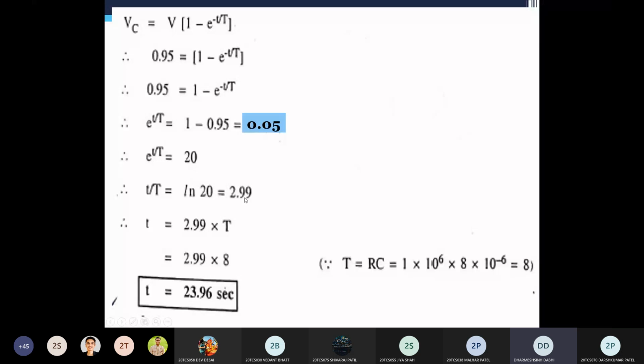So what is ln 20? It is 2.99. So your charging time t becomes 2.99 times this capital T, the charging time constant that we already calculated, which is 8. So 2.99 into 8 gives the time required by this capacitor to charge up to 95% of its final value. So the answer is 23.96 seconds.